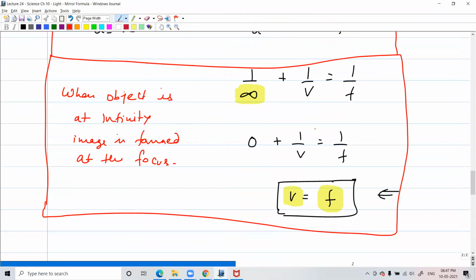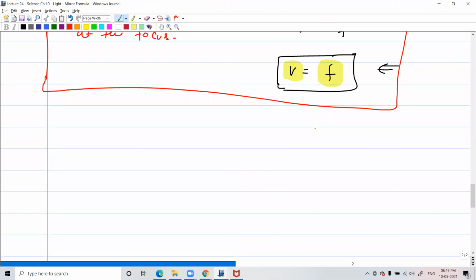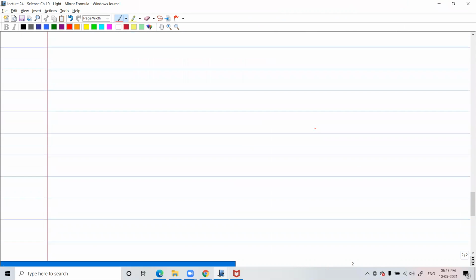Sir, if the height of the object is in decimals? So we will just put the h value in decimal, 1.5 centimeter, no problem.